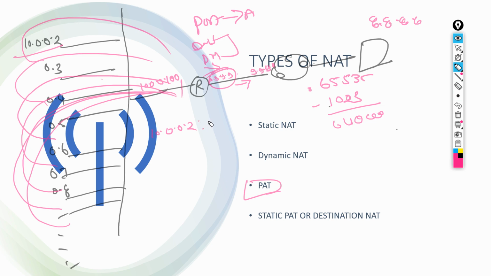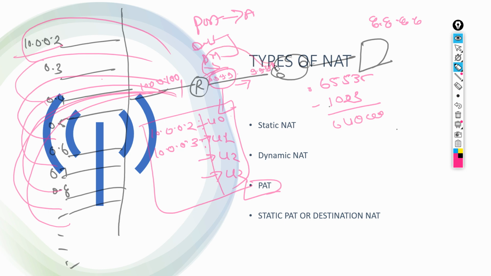It will merge with one dynamic port number, let's suppose port 40. 10.0.0.3 is merged with 41, then 42, then 43. By using a single public IP address, one extra header is added, called the port number, and through this the traffic is sent to the internet. So by using a single public IP, we can establish communication for 64,000 users.